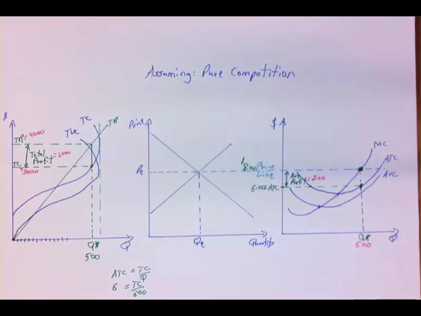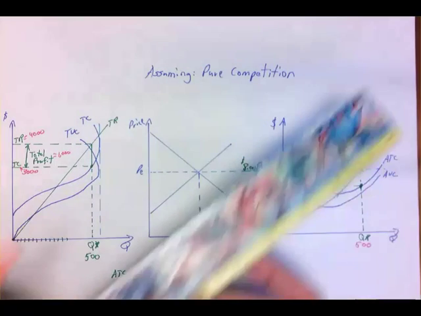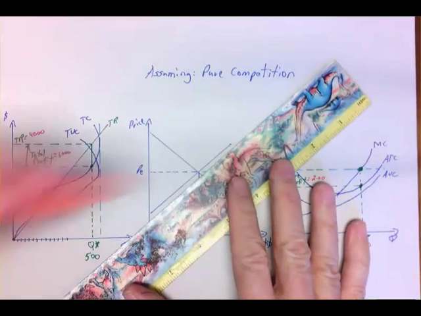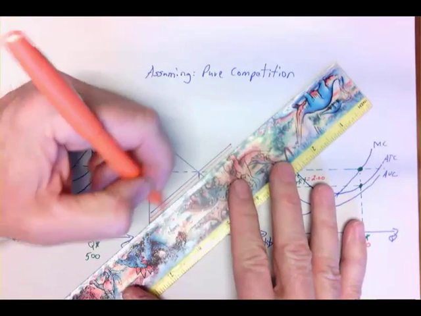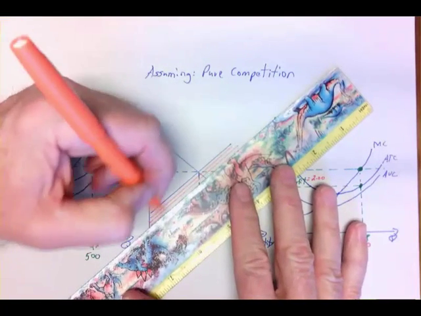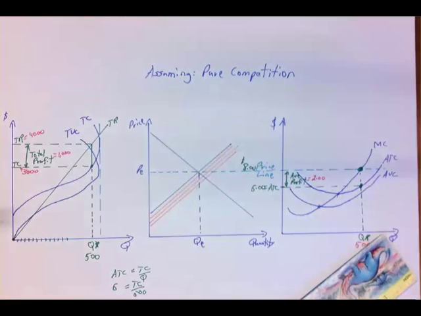Well, it turns out that since this is a purely competitive firm, other firms will be attracted to that profit. Other firms will come in. And as those other firms come in, it will move the supply curve. At first, just a little tiny bit and hardly anyone will notice, but then more firms will come in and more firms will come in.